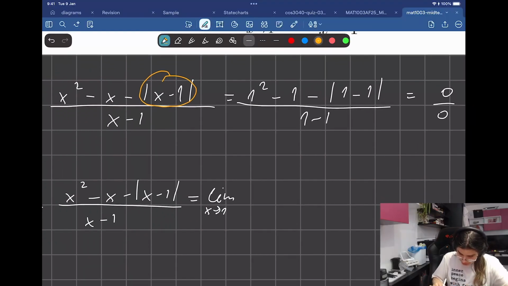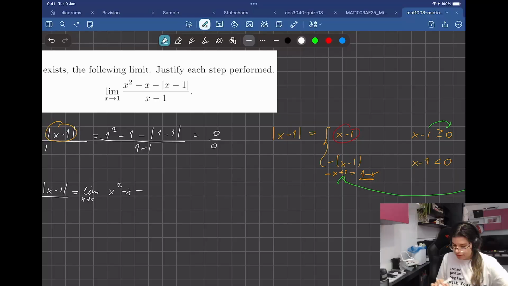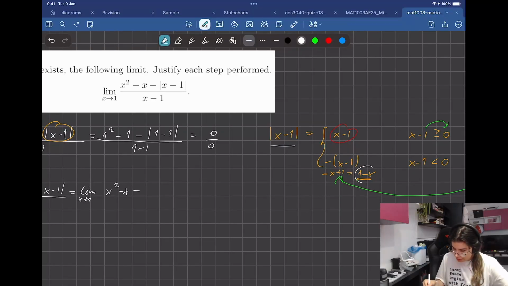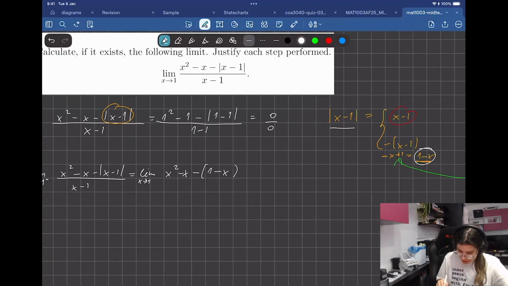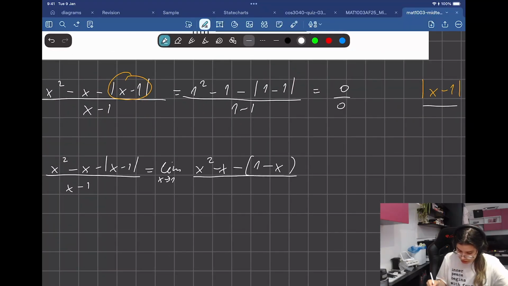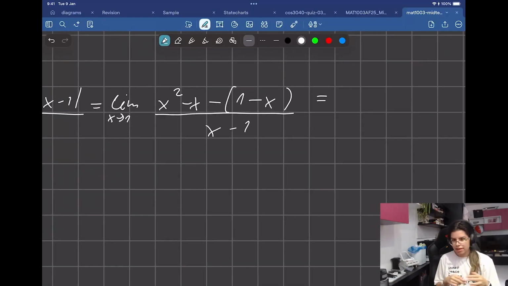So that's going to be, I keep this the same. So x squared minus x minus, and now again, the value of the modulus will be 1 minus x. So I just put this in parentheses. And then the denominator, I'm not going to change, x minus 1. Okay, so from here, it's easy. We just need to calculate things. I just keep going.